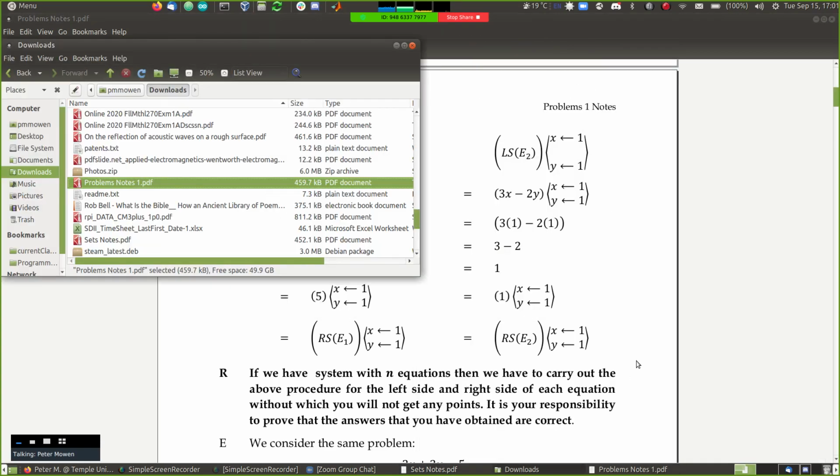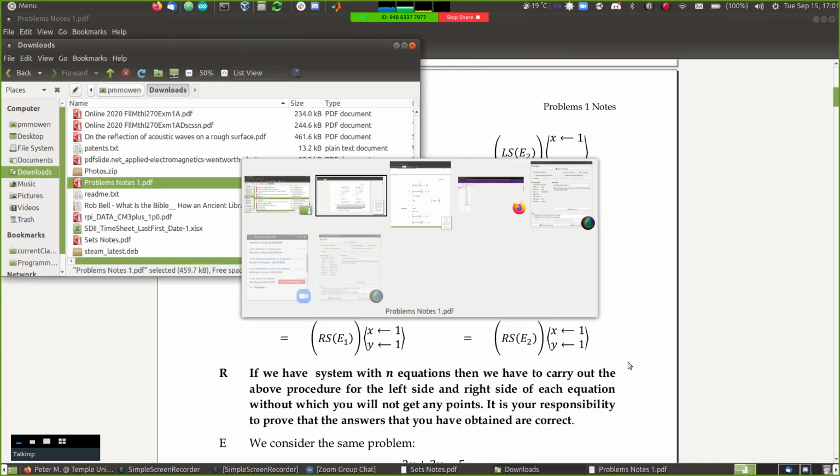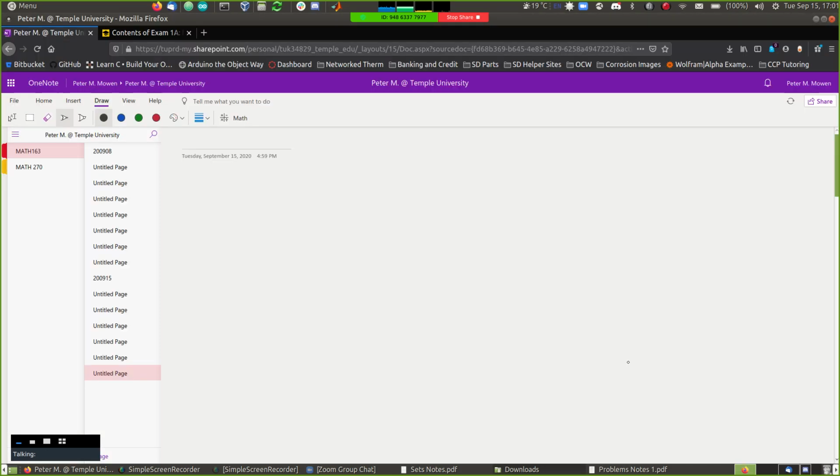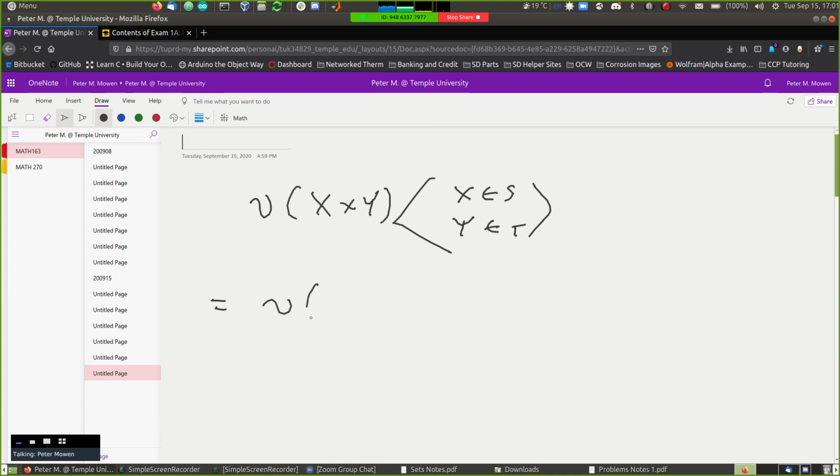So this is back here. We had our original expression x cross y. And so let's take x and replace it with s, and y and replace it with t. So that's equal to nu of s cross t, and that is a rule from our packet.